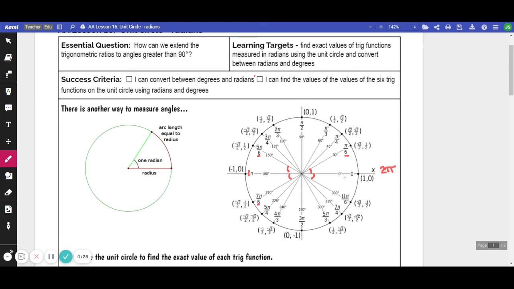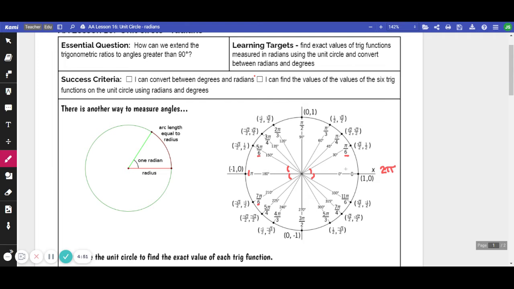A full rotation is 2 pi. You can go around more than that. Every time you go around the circle, that's 2 pi. So it'd be 2 pi, 4 pi. If I said, where's 11 pi? You would go around. There's 2, 4, 6, 8, and then 10, and then 1 more for 11. So 11 would get you to over here.